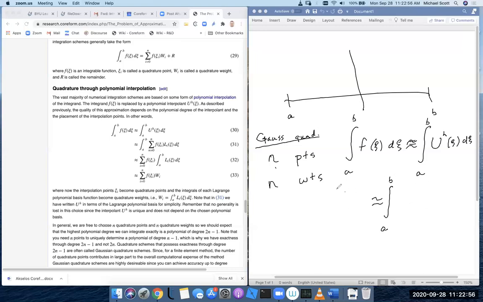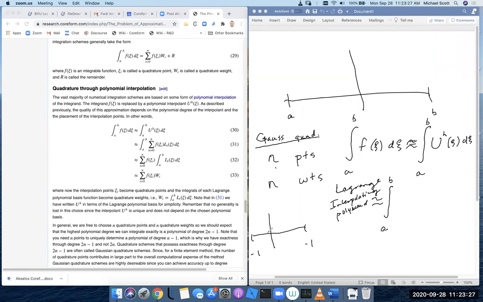So we're going to pick in particular the Lagrange interpolating polynomial in terms of our Lagrange basis, right? Which, and our Lagrange basis is usually defined between -1 to 1, which also explains why Gauss quadrature is always from -1 to 1, is because of this decision in the Lagrange interpolating polynomial.